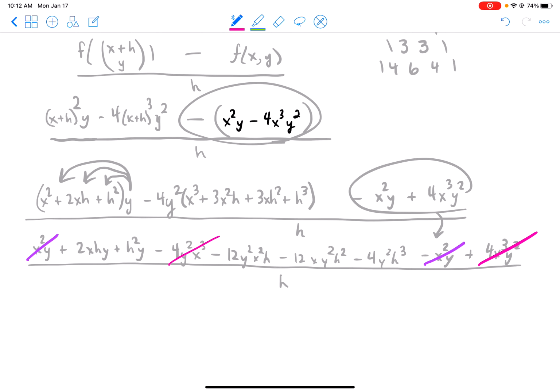Okay, and now what will happen every time is that anything that remains will have an h. Here this is one h. Here there are two h's. One h, two h's, three h's. And so I'm going to divide, and when you divide like this, it has to come through and hit every term, all 5 terms.